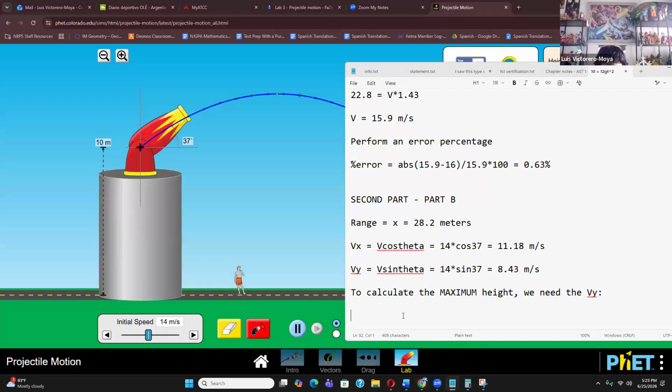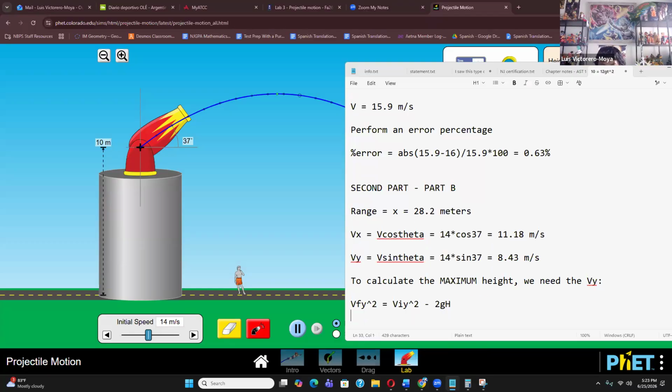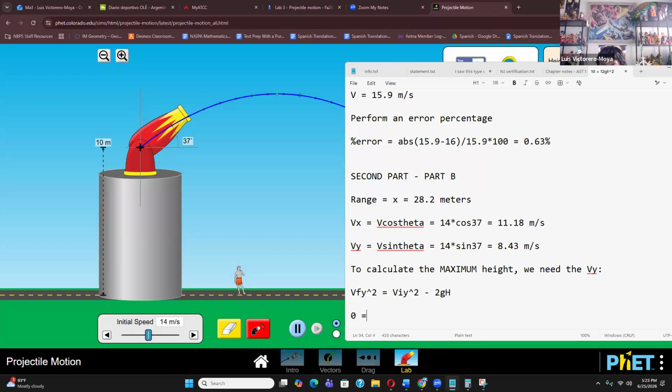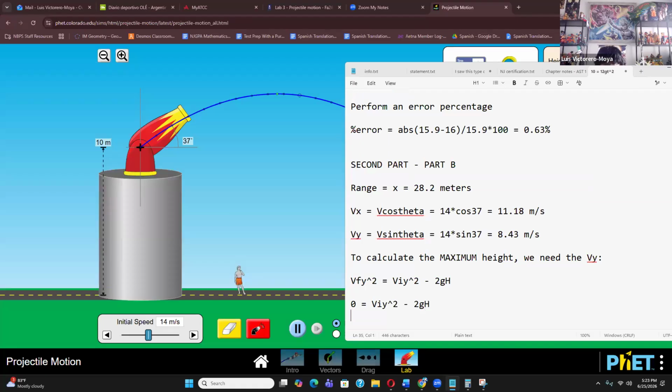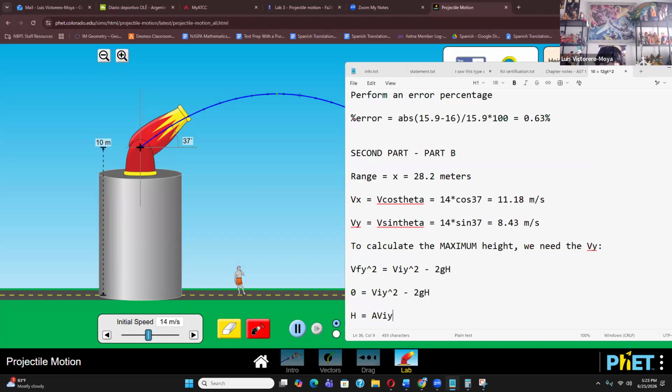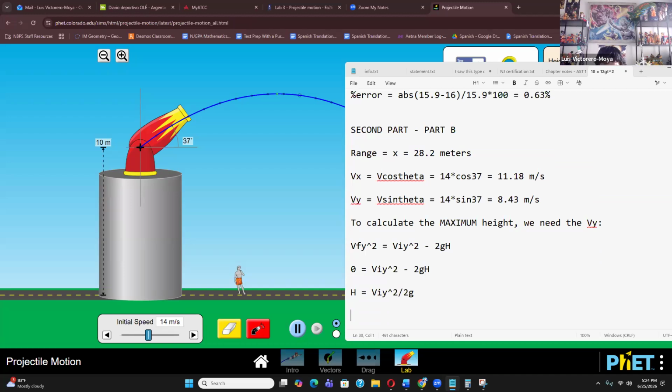And there is a nice equation, right? V final on y squared is equal to V initial on y squared minus 2g h max. V final is 0. V initial on y squared, we have it, is this. There, right? Easy.